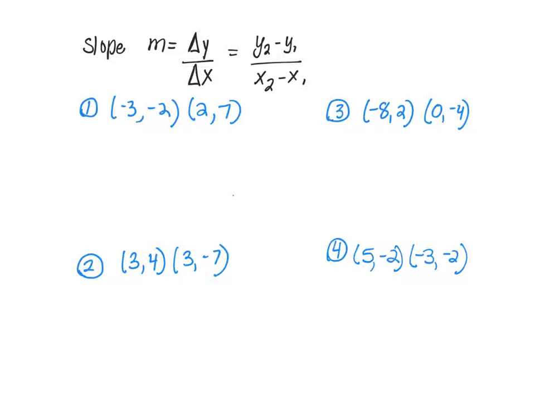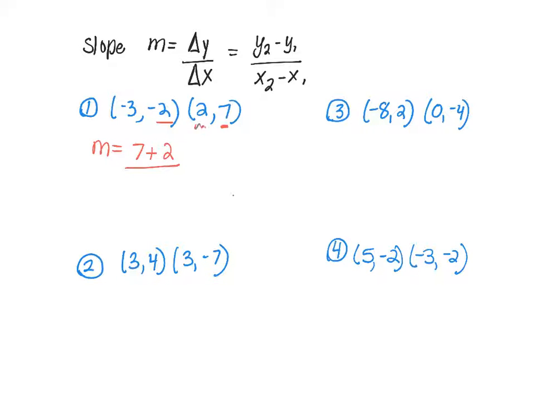And so our first set of ordered pairs here, we have -3, -2, and 2, 7. And so I'm going to say that my slope is equal to my y value minus my y value. And since that's minus a -2, that's going to turn that into +2.